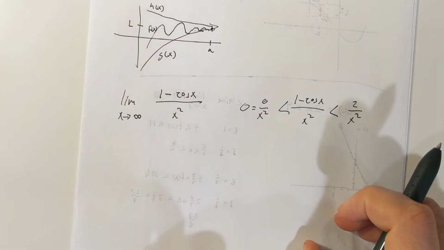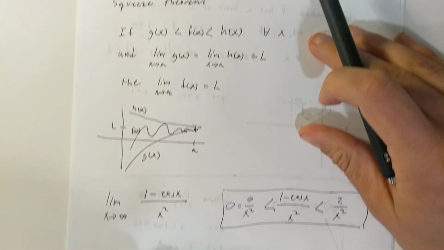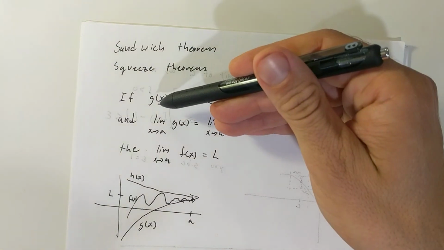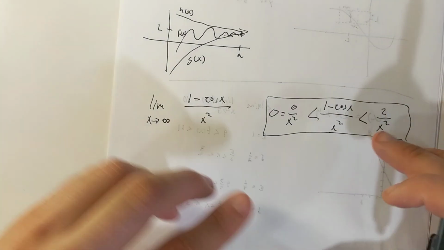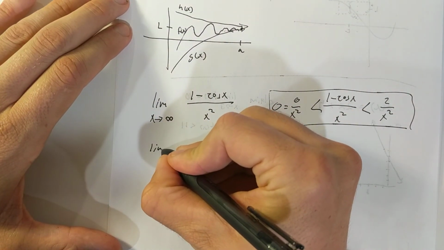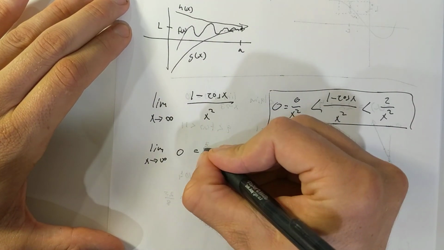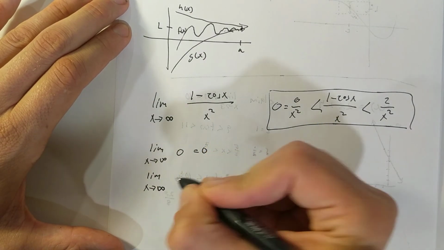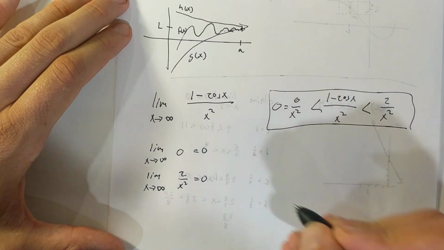And so we know this fact, which, by the way, harkens back to this fact. We know that our function is in between two other functions. Now, let's do the limits of them. Well, the limit as x approaches infinity of 0 equals 0, and the limit as x approaches infinity of 2 over x squared is also 0.